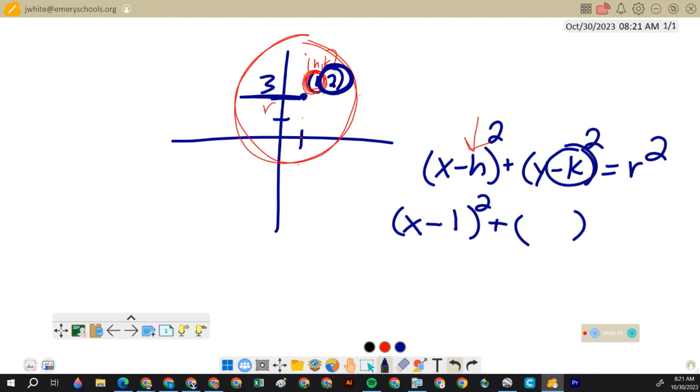Make it negative. So y minus 2 squared equals, and what is the radius squared? The radius is 3, so 3 squared is going to be 9. That is the equation of that exact circle. Okay? So let's do another one.